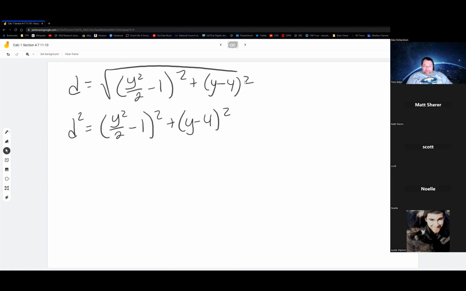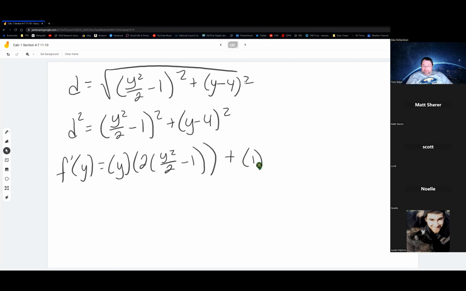So now let's find the derivative of this. So we do have to do the chain rule. So the derivative of the inside of here is actually just y. And then it's 2 times y squared over 2 minus 1, plus, that's actually just 1 times 2y minus 4.